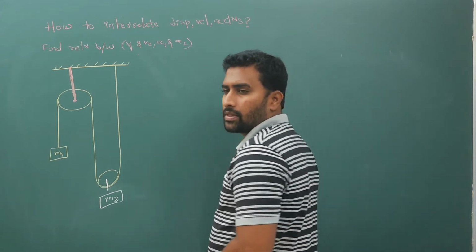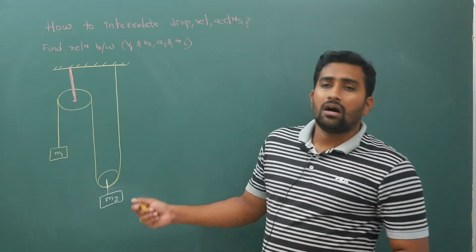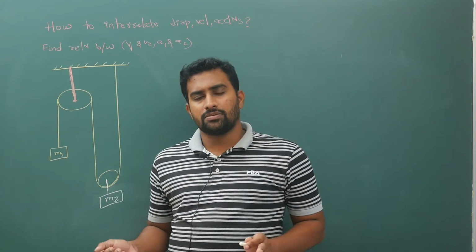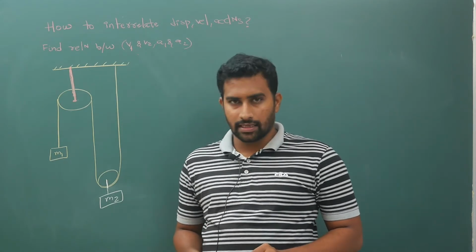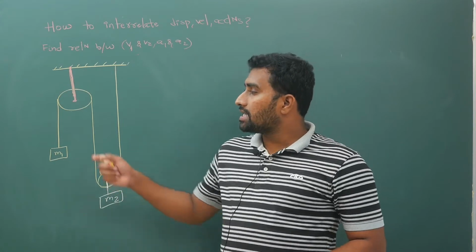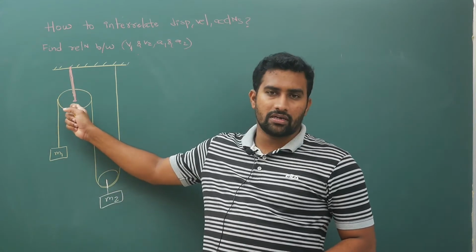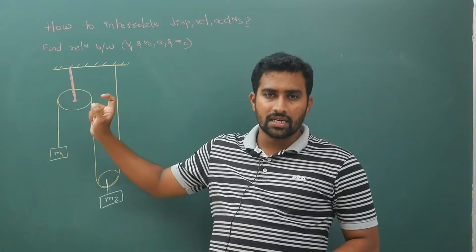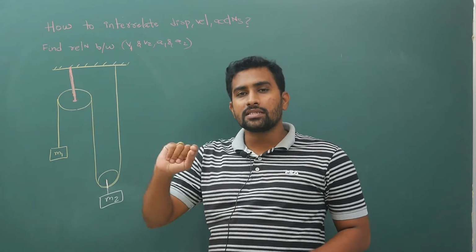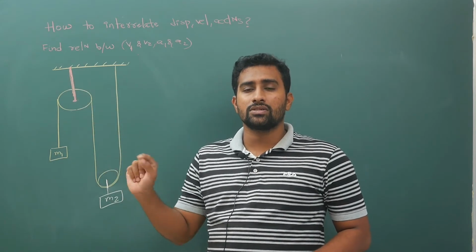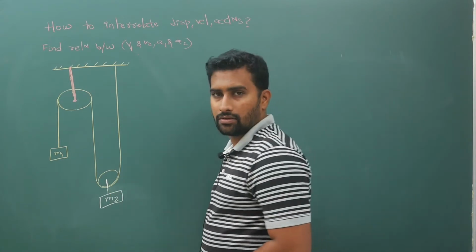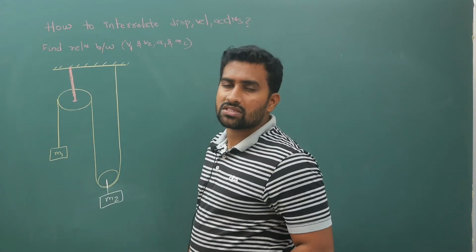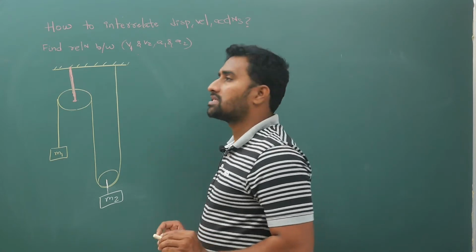Now always in the basic maths method, what you are supposed to do is take a reference line. You can take the reference line from this point or from the ceiling itself. The reference line that you are going to take is actually called the datum. Datum is nothing but your reference line. I don't want to use fancy terms, I just keep my subject simple.